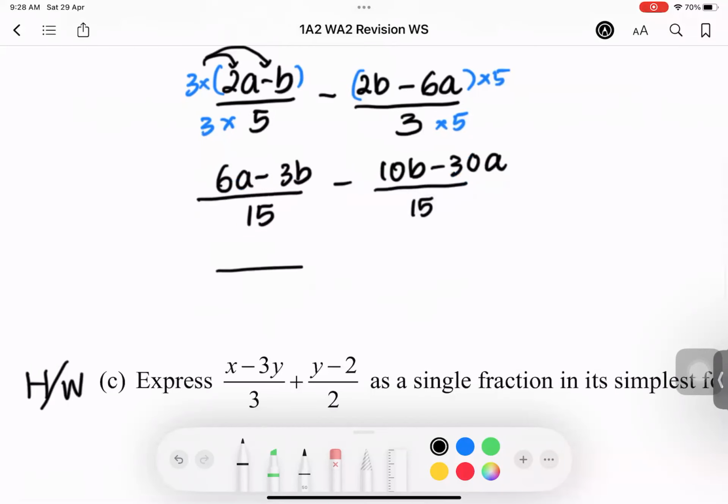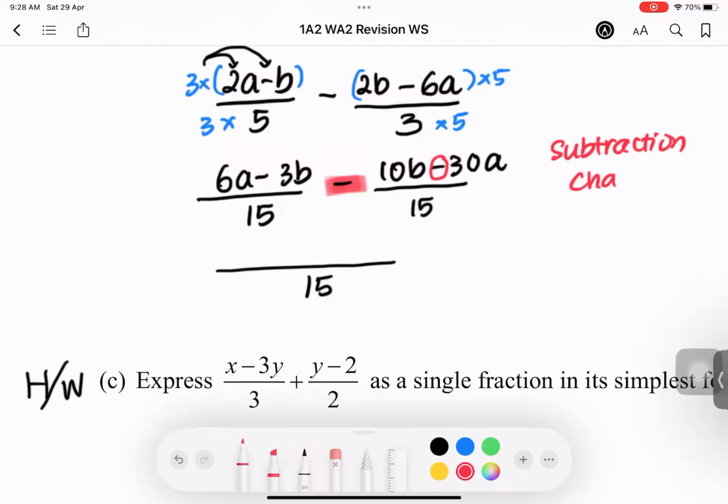Next one. When I combine, this one is subtraction. Jared, when I have subtraction, what will happen next? Sign change. Yes, the sign will change. The sign over here will change, right? Must take note, right? Subtraction.